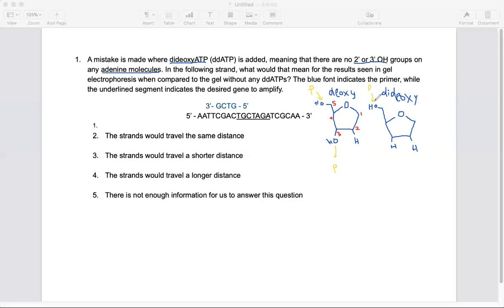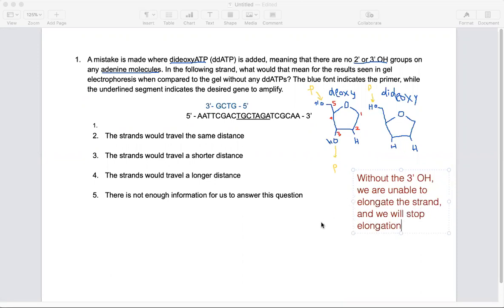The problem is the phosphate group can't add to a hydrogen because it needs that oxygen. That's what the phosphodiester bond looks like: the oxygen, phosphate, and then the whole phosphate group. So without the 3' OH, we are unable to elongate the strand and we will stop elongation.